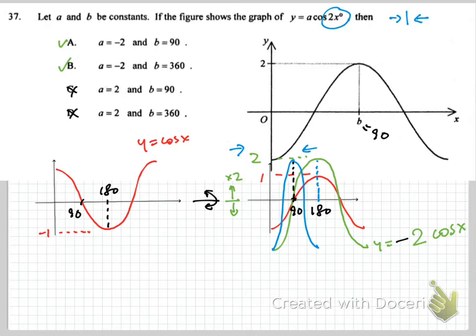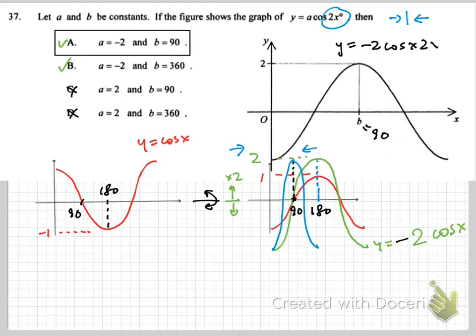Alright. So in this question, the answer goes to A, when A is -2 and B is 90. Now once again, you can check the answer. If the answer is A, that means y is -2 cosine 2x, alright. You can check the answer at the peak point.